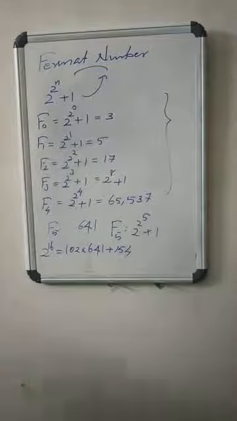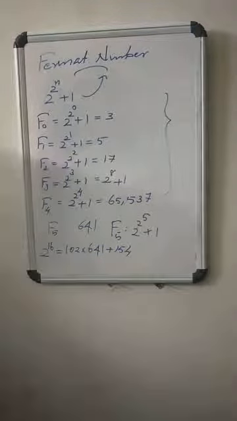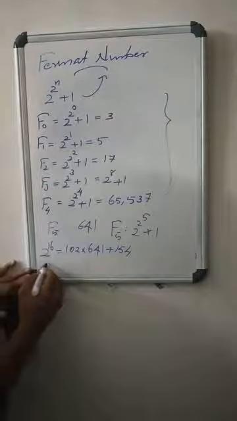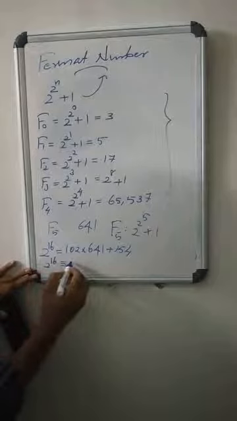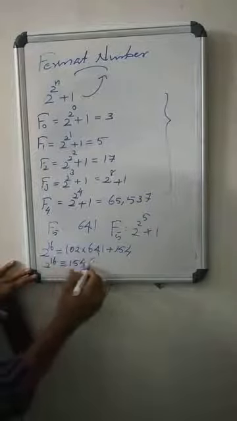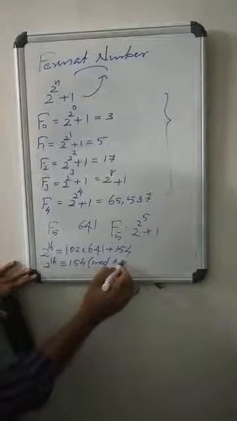You can compute this. So from here, 2 power 16 is congruent to 154 mod 641.